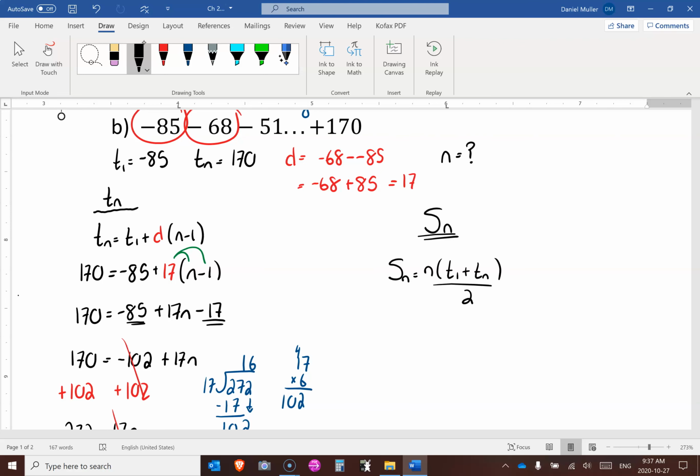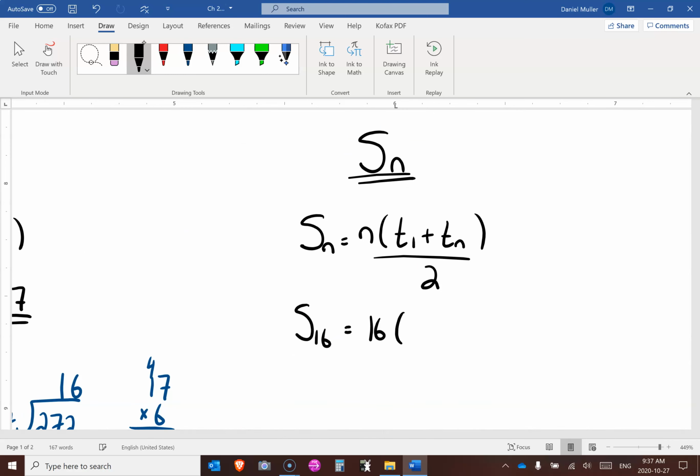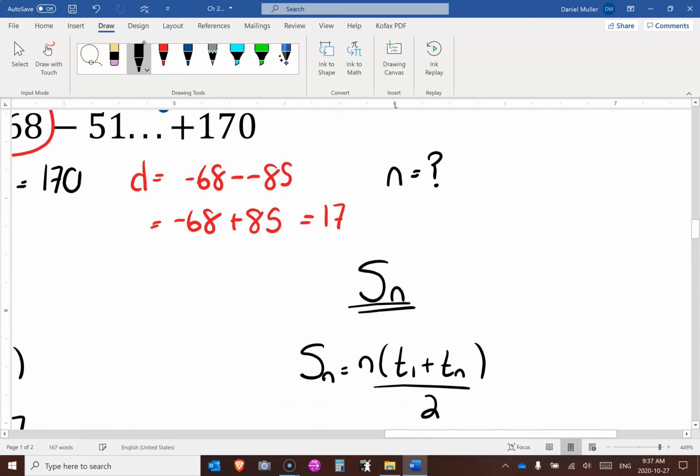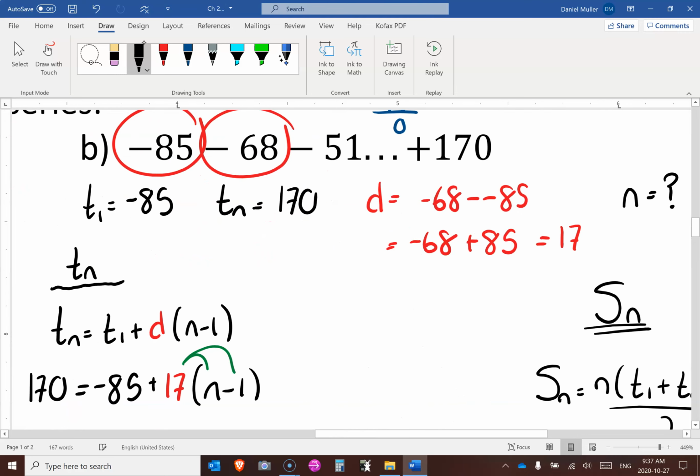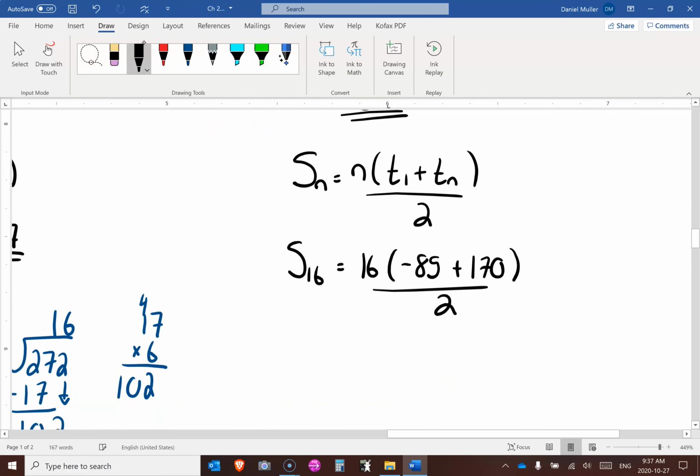And I'm doing 16 terms. So sum of the 16 terms, so 16, first term, was it negative 85 or something? I don't know. Negative 85 and 170. Plus 170 all over 2.